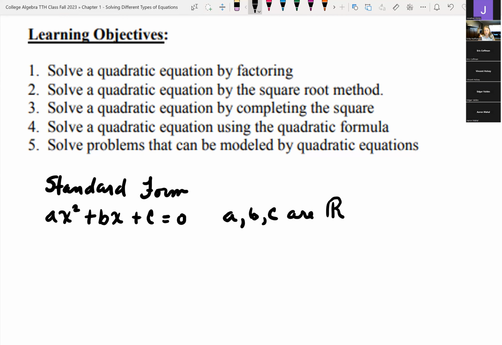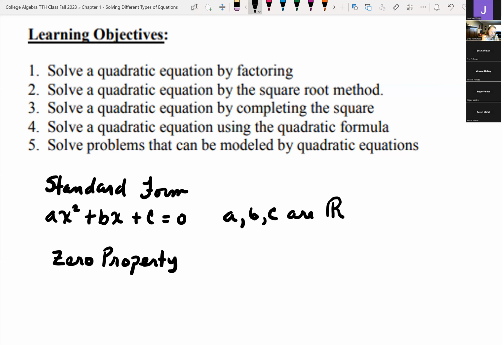A lot of times when we're solving quadratic equations, we want to get it into this form. So we want to get everything to one side of our equation, and then if possible, we want to factor it. If it's factorable and it's set equal to 0, then we can use the zero property, which says if you have two things multiplied together and you get back 0, then at least one of them has to be 0.